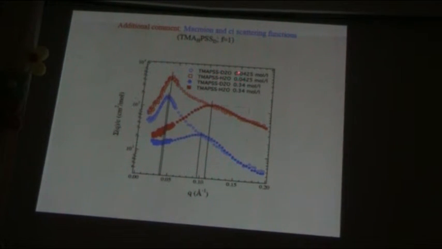So when you are in D2O, you see mainly the counterions, and when you are in H2O, you see mainly the macroion. And you see that at small concentration, if you compare the partial scattering functions of counterions and macroion, the peak is reasonably at the same position. But if you increase the concentration, you have some differences.